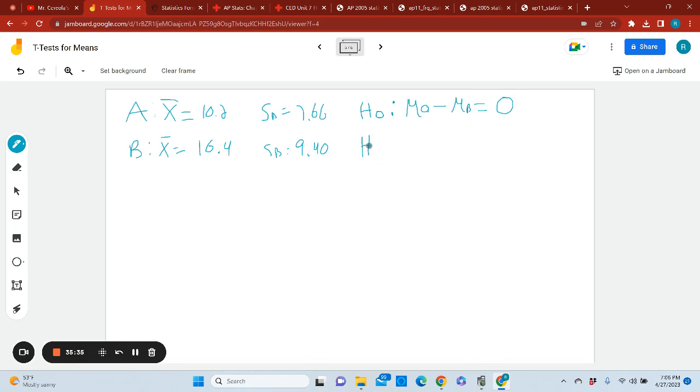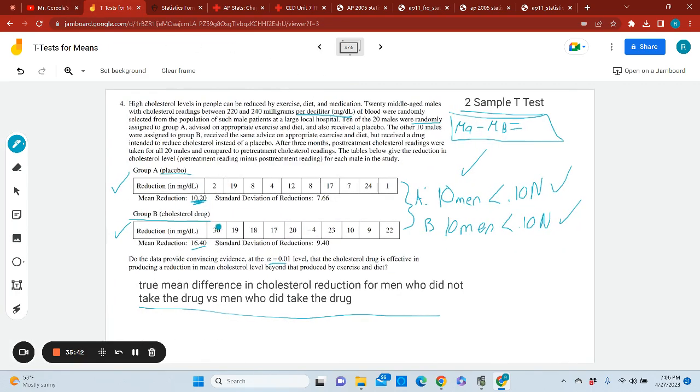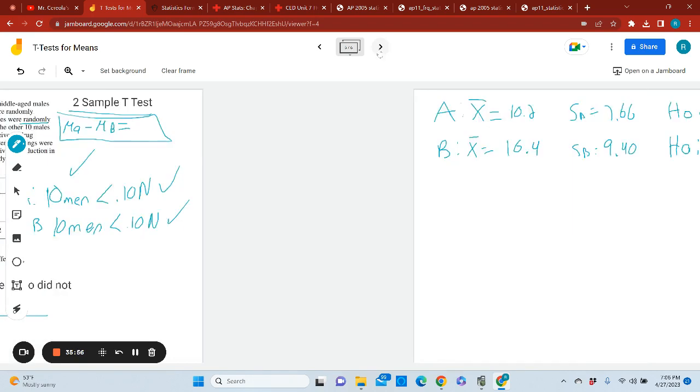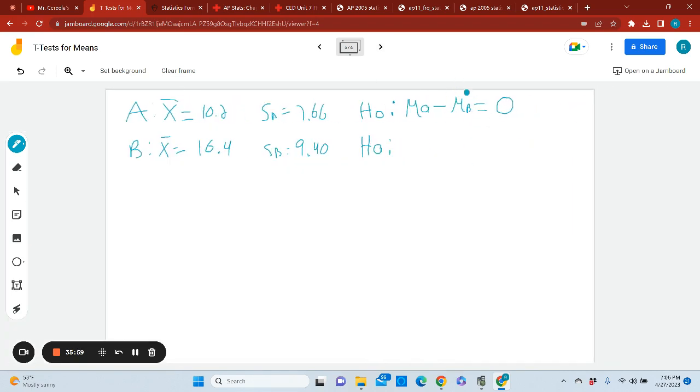And then your alternative hypothesis basically always depends on what they're asking you in the question. So if I come back, it says here: do these data provide evidence at the 1% level that the cholesterol drug is effective at producing a reduction in the mean level beyond that produced by exercise and diet? Basically, is the mean for the group that takes the drug bigger than the mean for the group that doesn't take the drug?